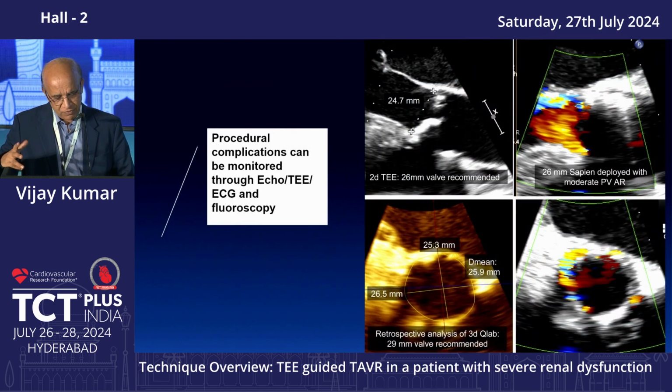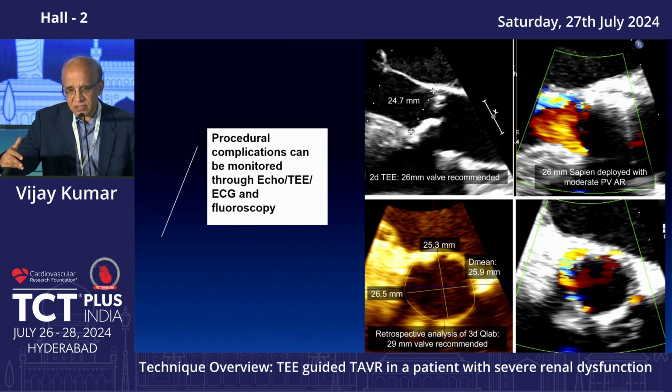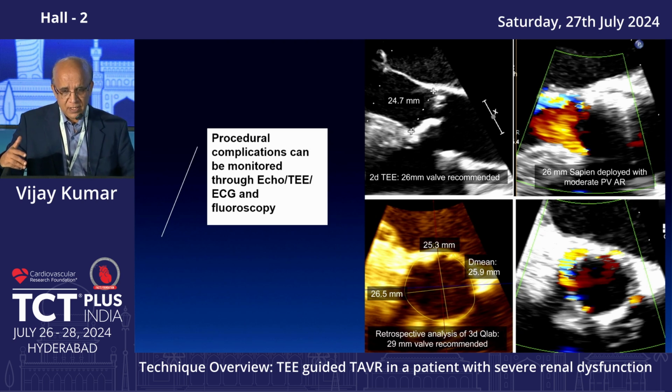This is an example of a picture showing where the patient ended up having a significant paravalvular leak, but the retrospective analysis found that the imaging was not done appropriately.